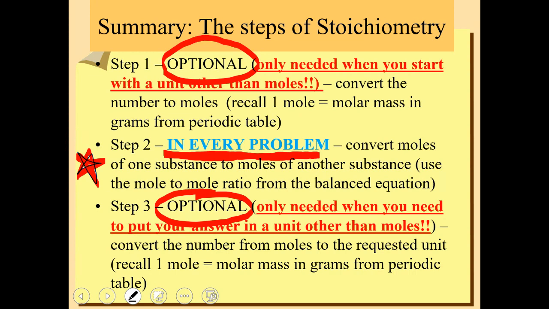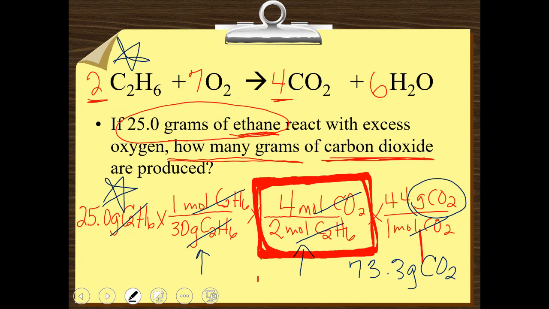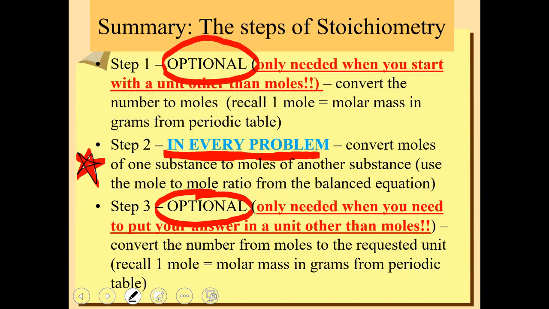Like when it says find the mass, then you need that third step, like here, to convert the moles into grams. If this said how many moles of carbon dioxide, we wouldn't need it. But it said how many grams, so we needed it. But it's optional. You have to read the problem and see if it's needed.